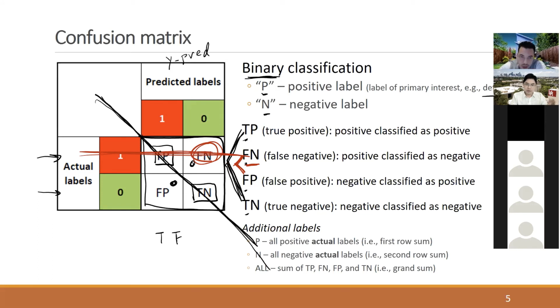Hopefully the majority of these are correctly predicted, which is true positive. But a portion of these are incorrectly classified and they lose the label P. They are classified as negative, so they are false negative.